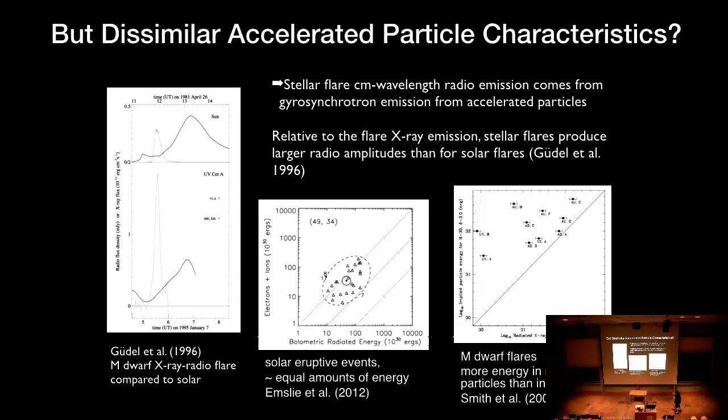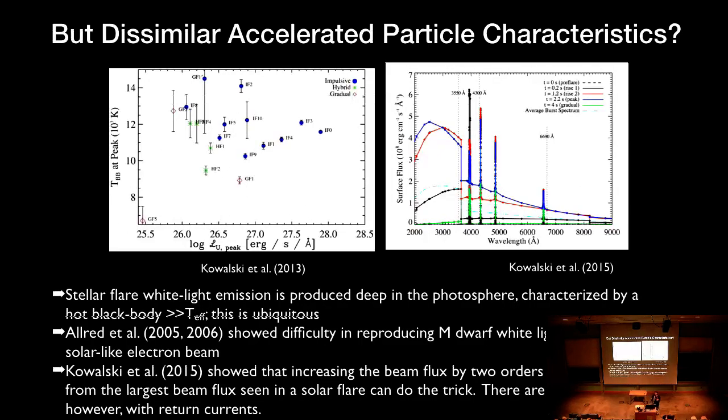Some studies of M-dwarf flares are suggesting that there's more energy in the non-thermal particles for these flares than in the coronal emission. And relative to the flare X-ray emission, stellar flares appear to produce larger radio amplitudes than for solar flares.